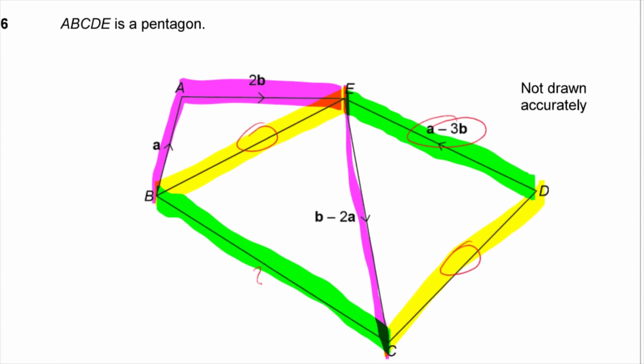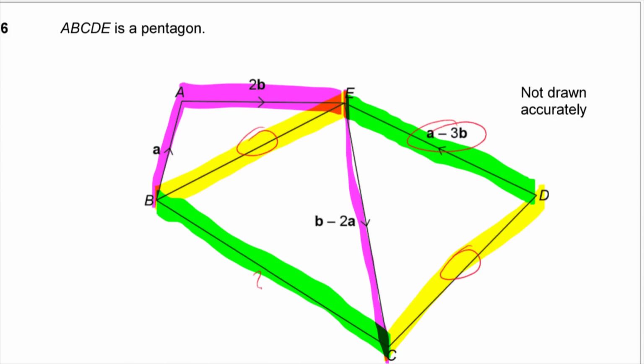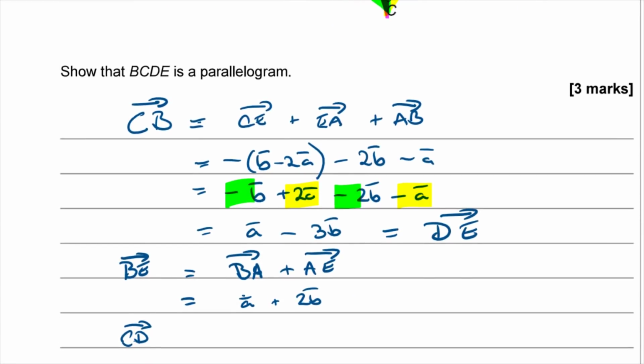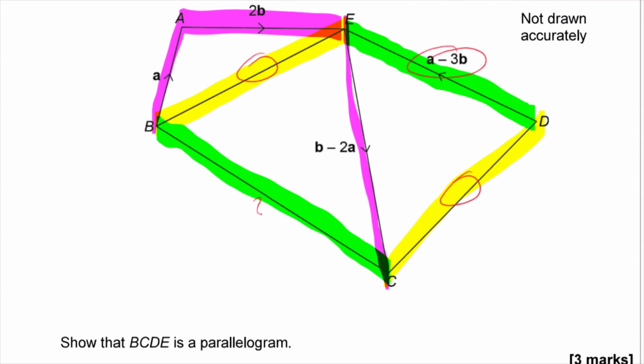And we need to compare that with the other one, C to D. What's C to D? Now C to D, I can get along that purple line and then down the green one. So from C to E and then from E to D. So C to E is B minus 2A.